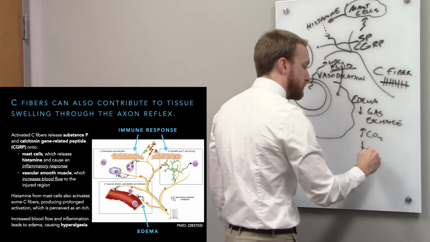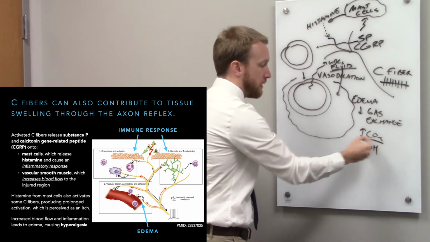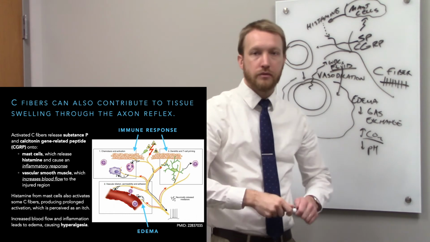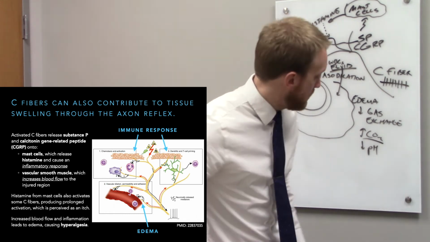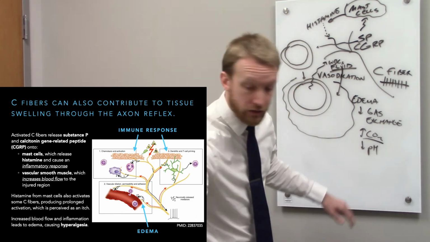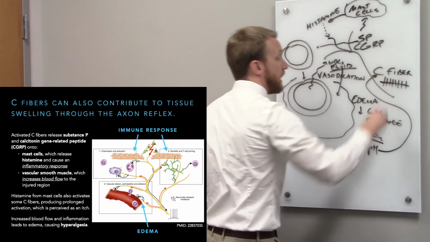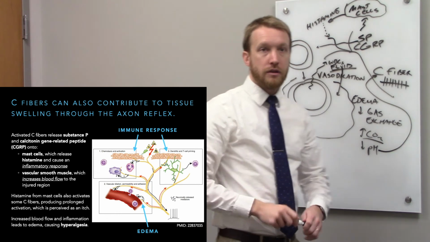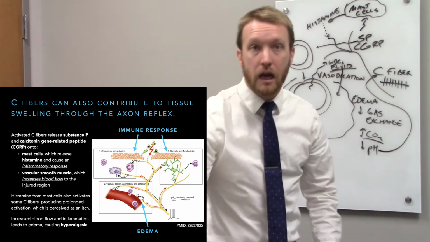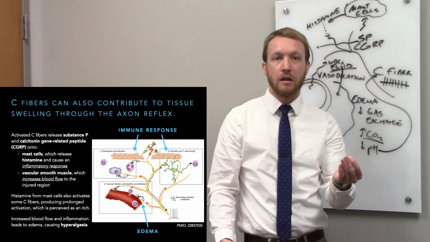That, of course, leads to a drop in pH because of our carbon dioxide buffer, the bicarbonate buffer. That drop in pH is, of course, sensed by, you guessed it, C fibers. And this is going to create the hyperalgesia that we get in an area of damage.